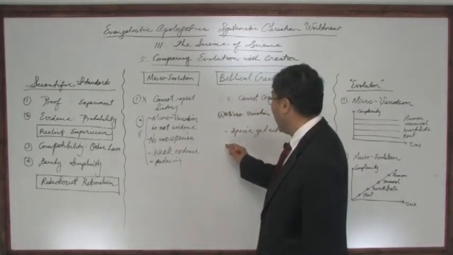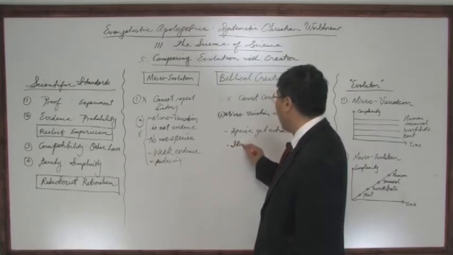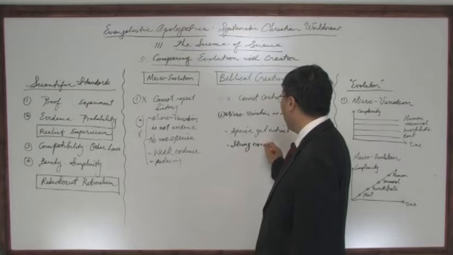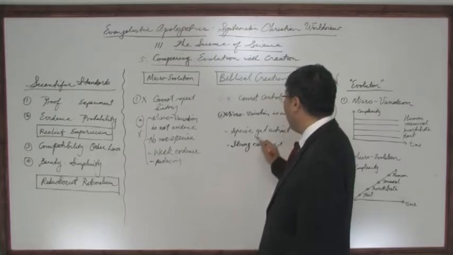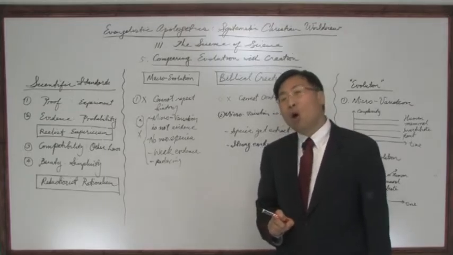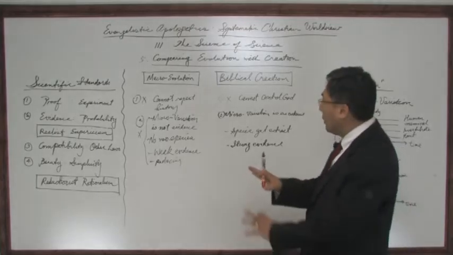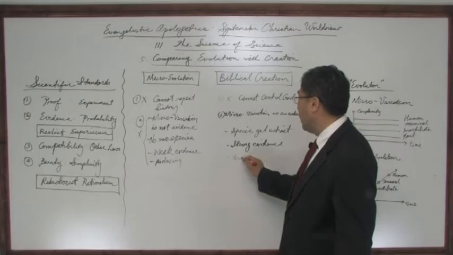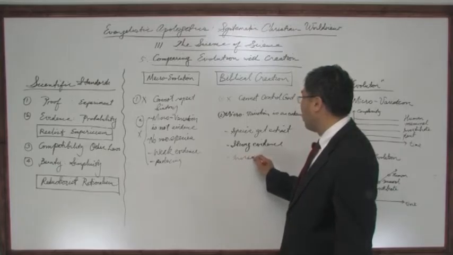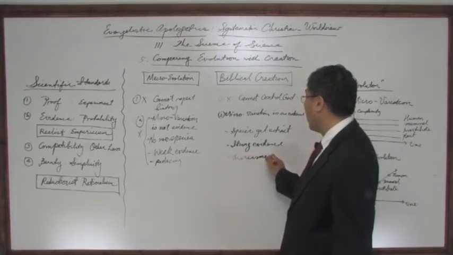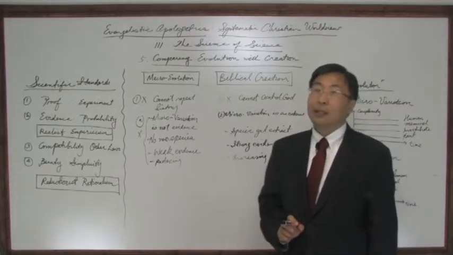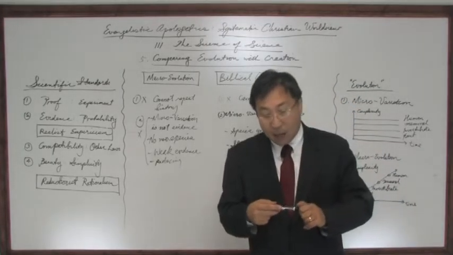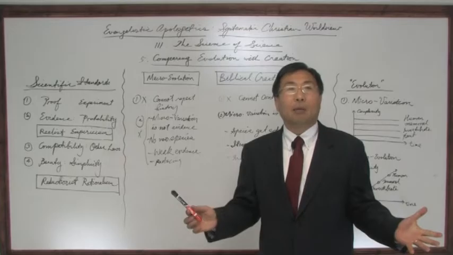Well, here we have biblical creation. We have strong evidence, because science every day is finding new laws of nature, and each of these findings is proving or supporting that these laws of nature cannot have gotten here by themselves.